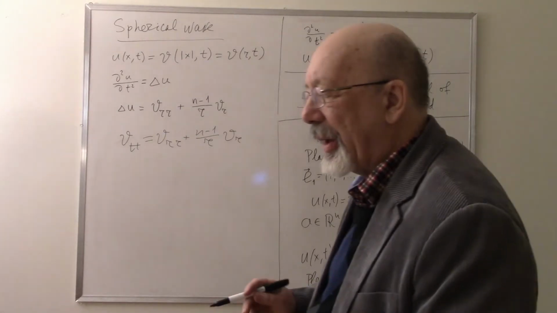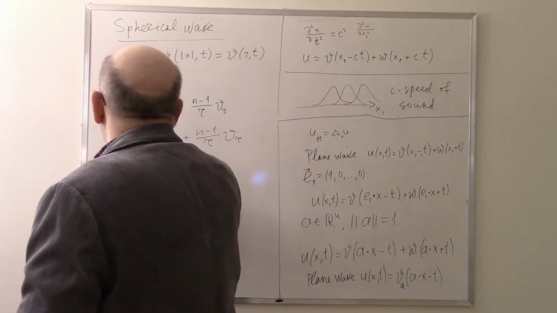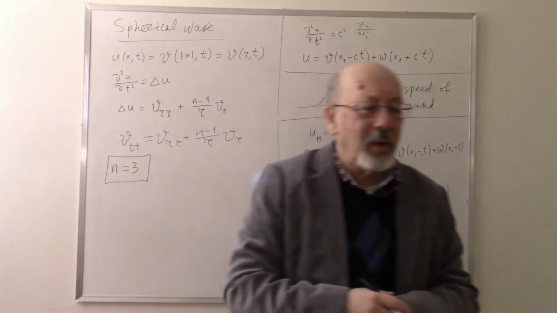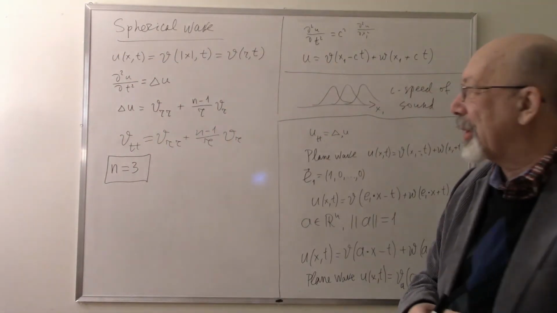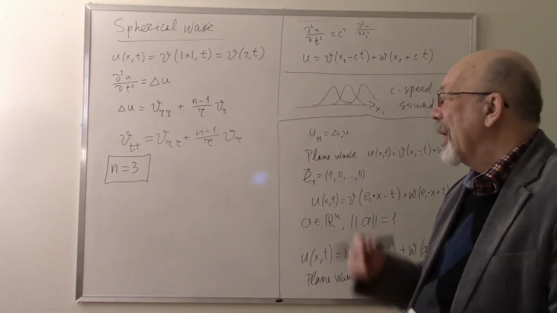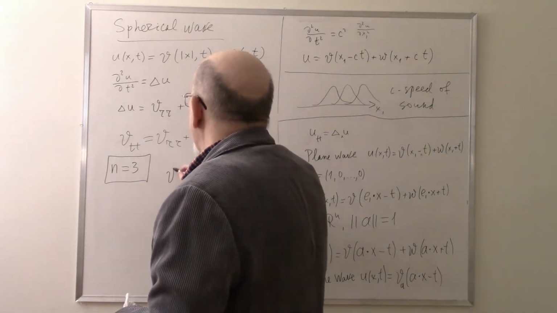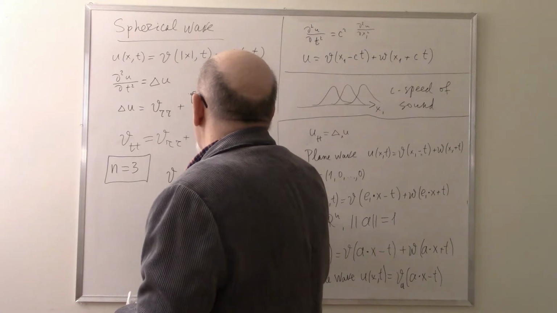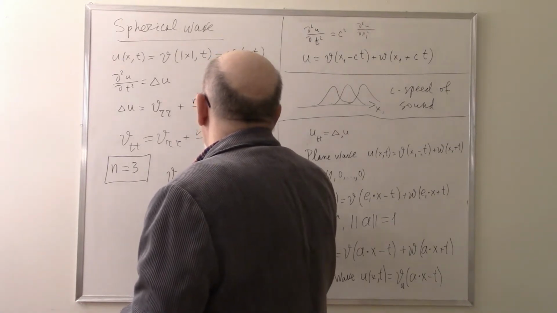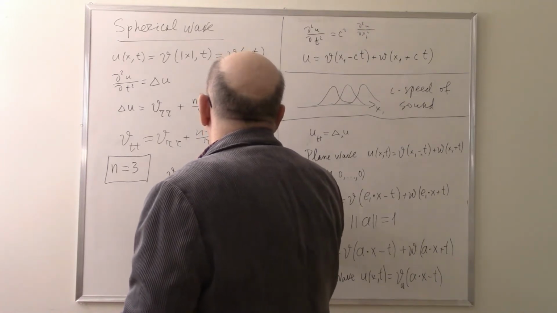The first trick is the following. Let us take n equals 3. It is the most useful, and at the same time it turns out to be the simplest case. And now for n equals 3 you have the equation v_tt equals v_rr plus 2 divided by r times v_r.